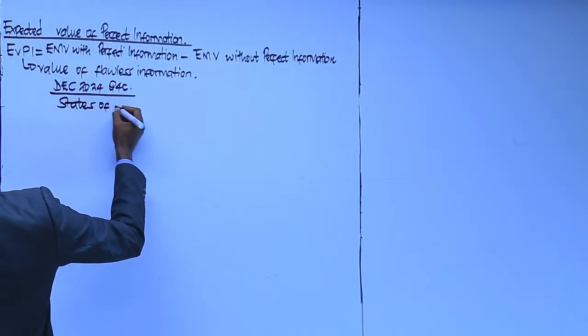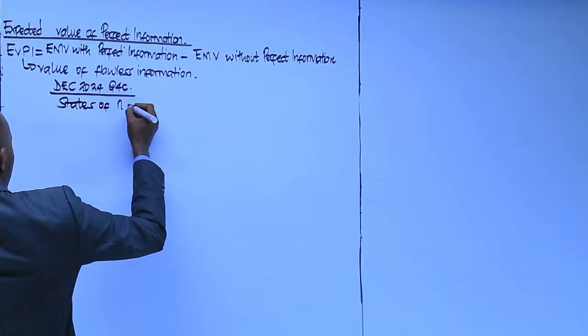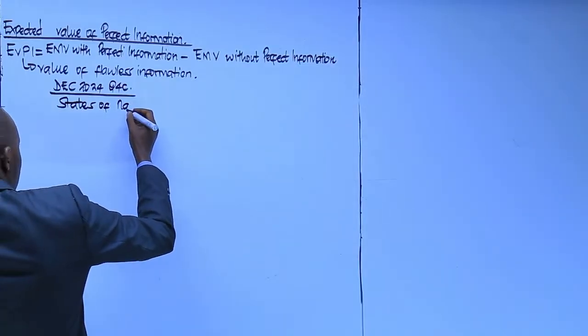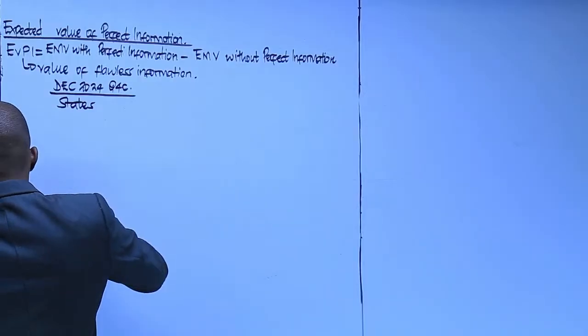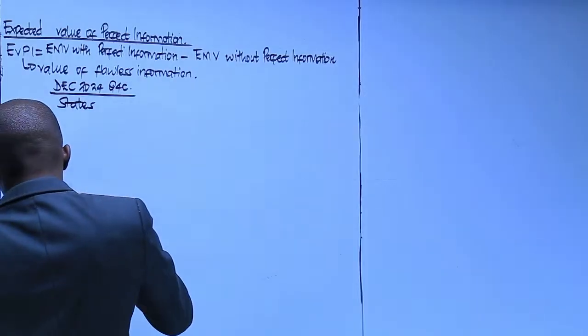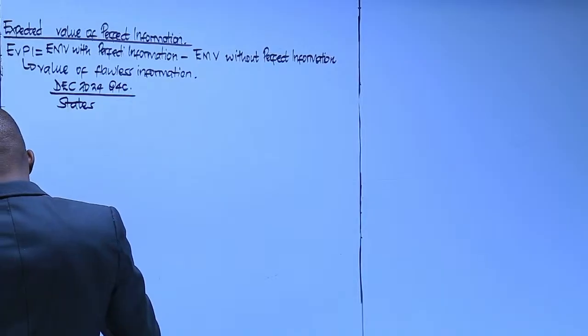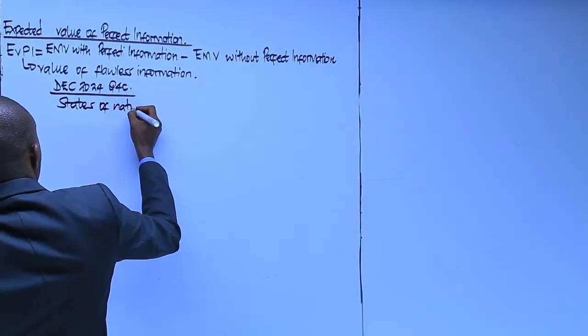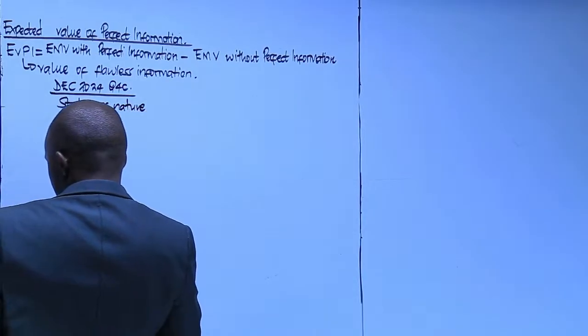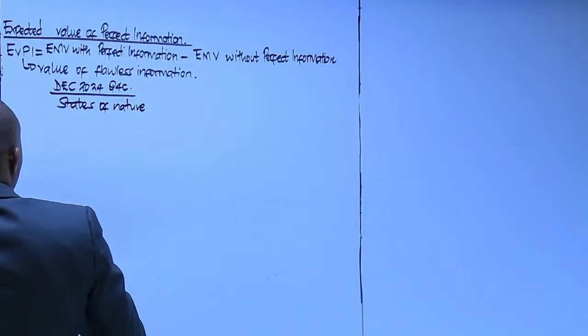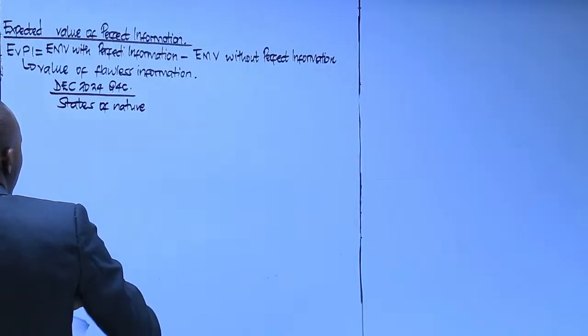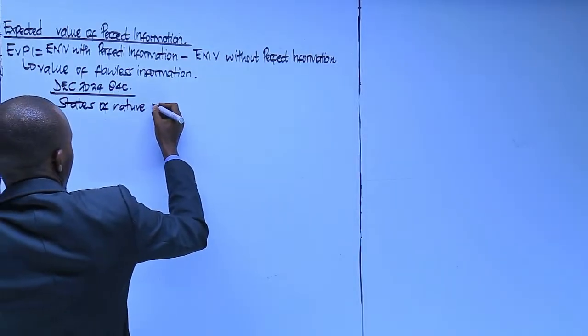So let's have the states of nature, and in this case, your states of nature were what and what? Remember, states of nature are those events that cannot be controlled by management, and they should have prior probabilities if you're dealing with risk.